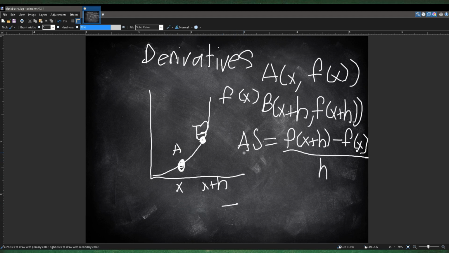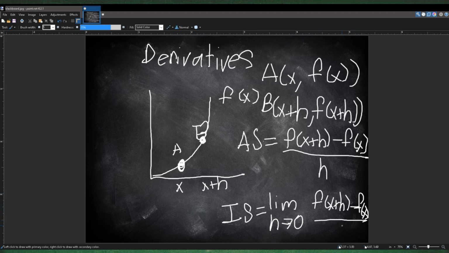So instantaneous slope, I say IS, would be the limit as h approaches 0 of f of x plus h minus f of x. Sorry, I'm running out of room. Divided by h.